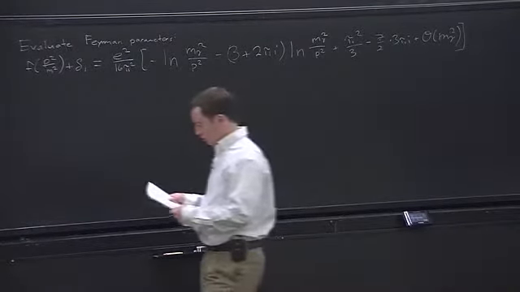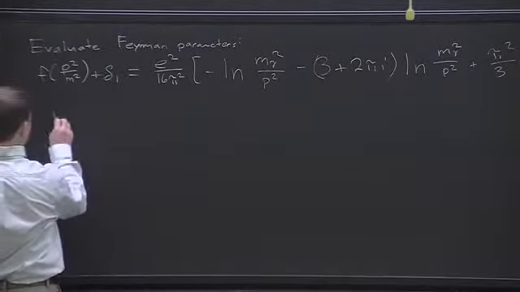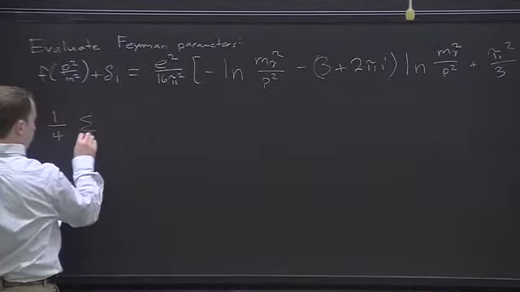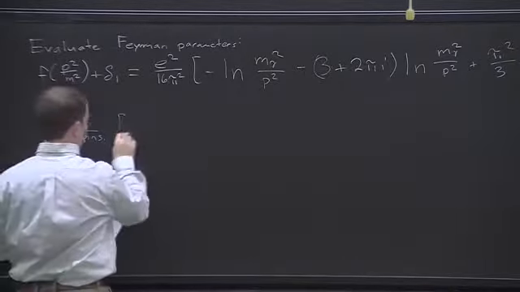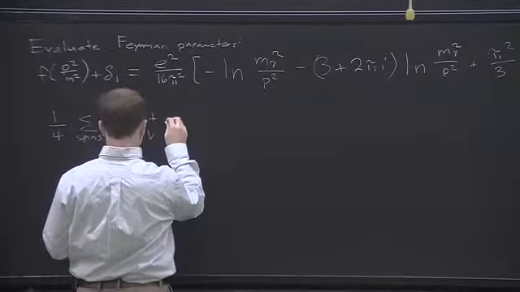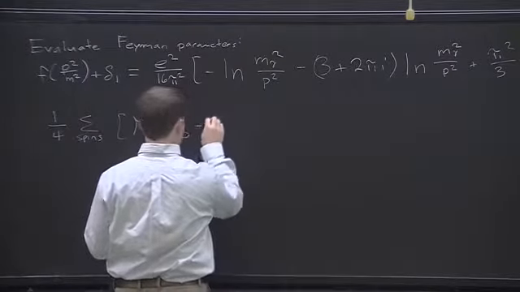Okay, so we're looking for the cross term between this amplitude and our tree level amplitude. So that means we want to calculate 1/4 sum over the spins of M_V, which is the amplitude we just calculated, times the tree level one, which I'll call M_0.